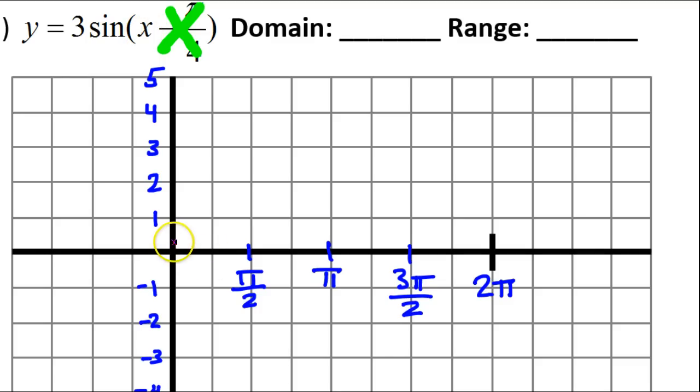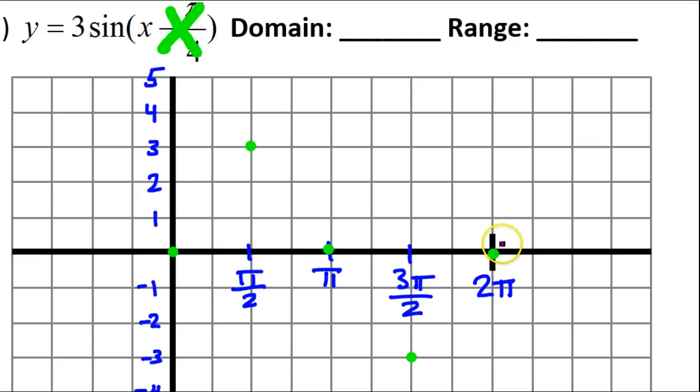So I'm just graphing the skeleton for right now. So my skeleton will start at 0, and then it will go up the amplitude. So it's going to go up 3, and then back to the midline, and then down 3, and back to the midline. Alright, so that is going to be my skeleton.